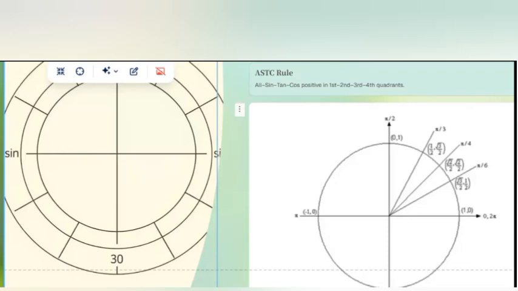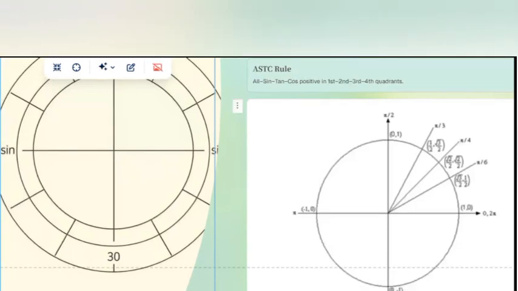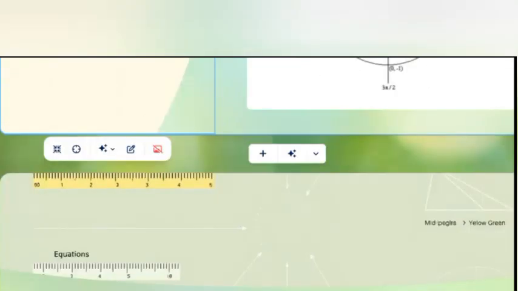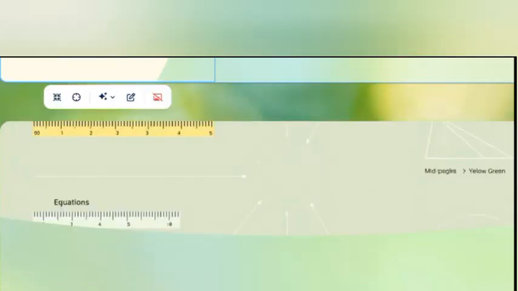And then the fourth quadrant is cos, which is the last one. Any other trigonometric function is going to be negative in that quadrant, except cos, going from 270 to 360. Wonderful.